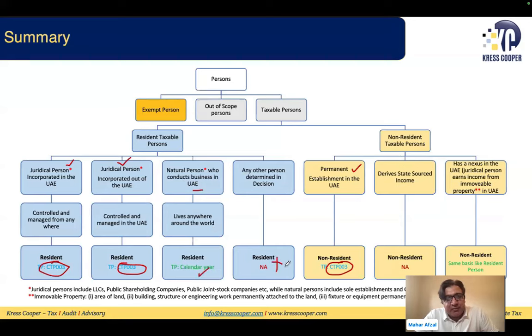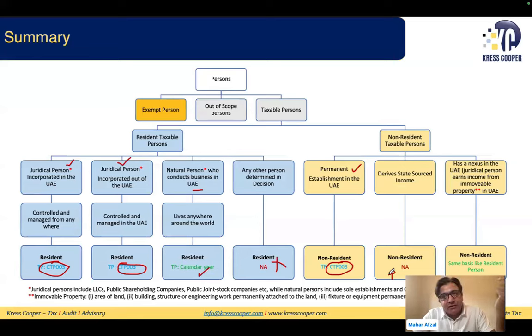This is not applicable. For any non-resident person who is sourcing income from the UAE, there will not be any tax period, because whenever the customer is based in the UAE, the customer will be making payment to the non-resident person and will be withholding the tax. So there's no requirement as such.